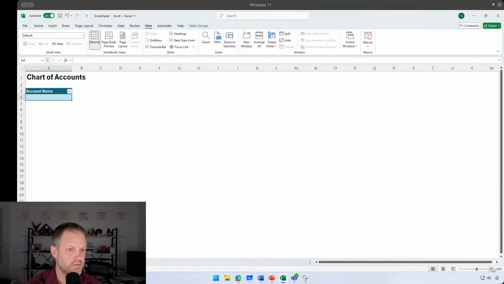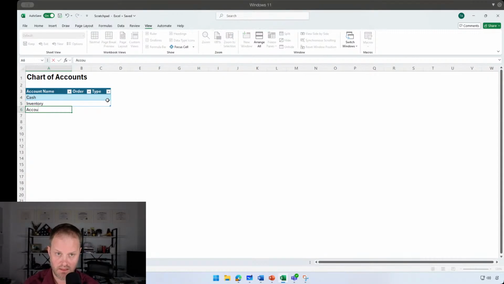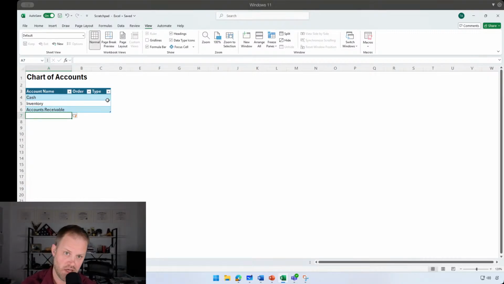Let's get rid of grid lines. All right, cash. Let's throw in an order type. So cash, inventory, accounts receivable, I before E except after C.